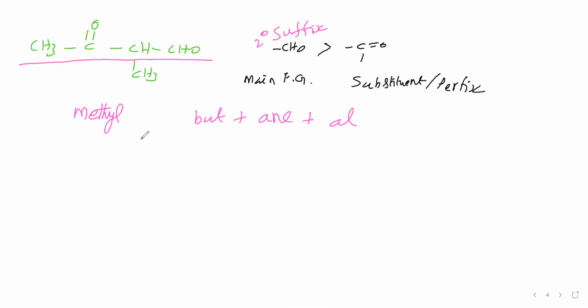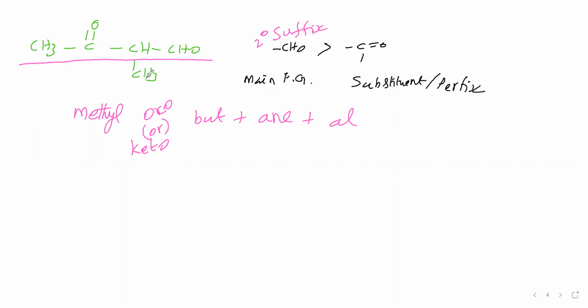This name is keto, otherwise oxo, both are correct. This ketone we say as a prefix because it is not the main functional group. This carbon we have included in the parent chain, and this oxygen alone we are saying keto or oxo.